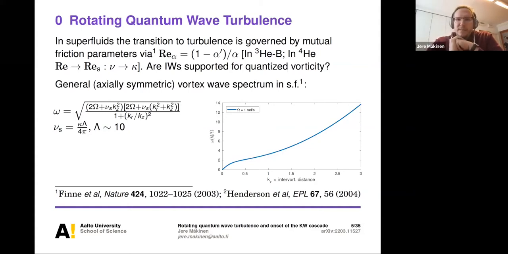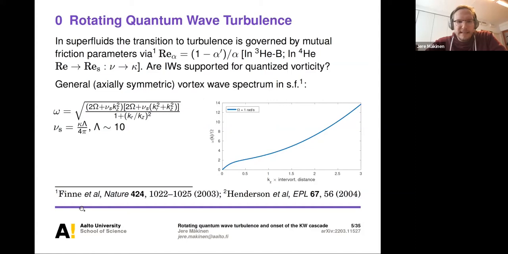Now, one could immediately ask the question: are inertial waves supported for quantized vorticity? So let us try to answer that question by starting to look at some wave spectrum.